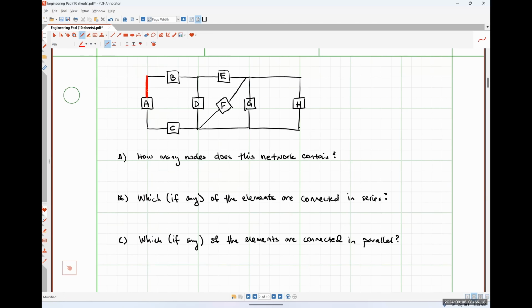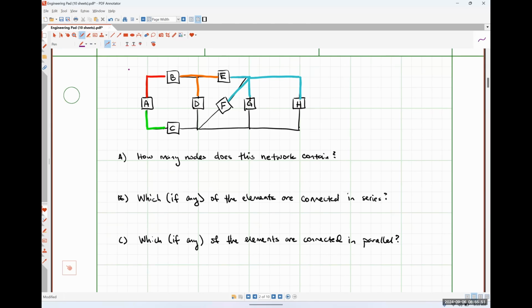So we've got this node here where A and B are connected. We've got this node here where B, D, and E are connected. We've got this node here where E, F, G, and H are connected. We've got this node here where A and C are connected.